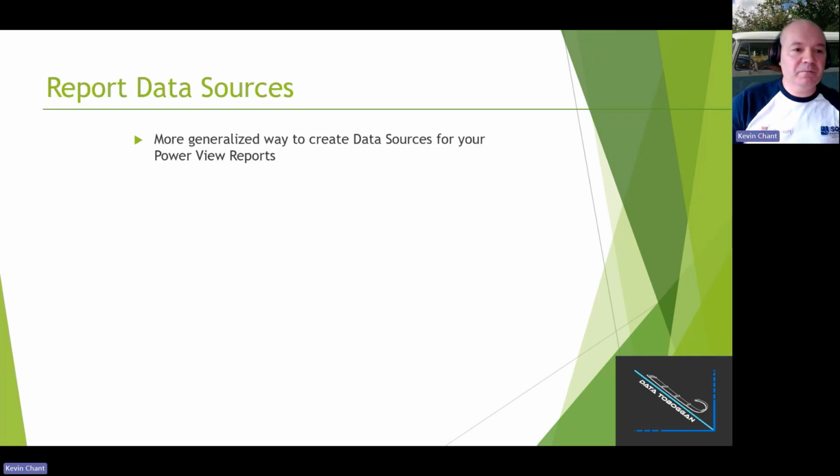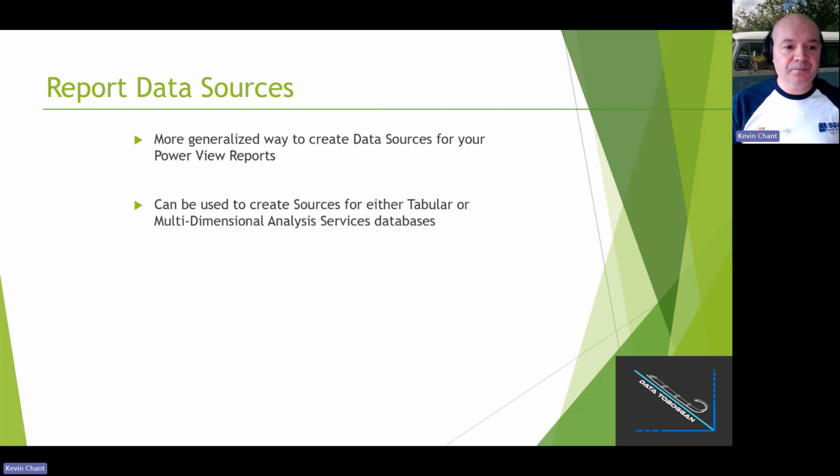So report data sources are a more generalized way to create data sources for your Power View reports. They can be used to create sources for either tabular or multi-dimensional Analysis Services databases. The reality is they can work with other sources as well, but if you're looking to work with Power View reports and work with Analysis Services, it supports creating sources to both.